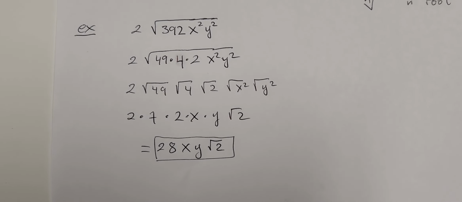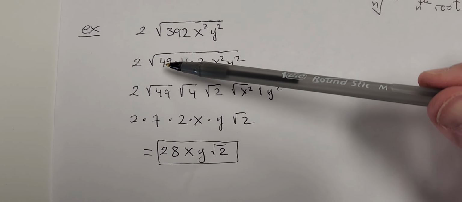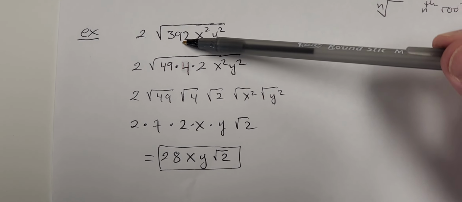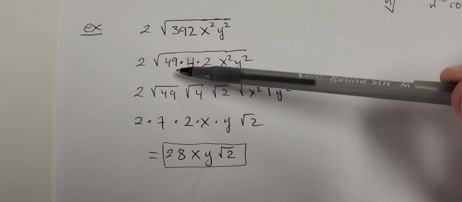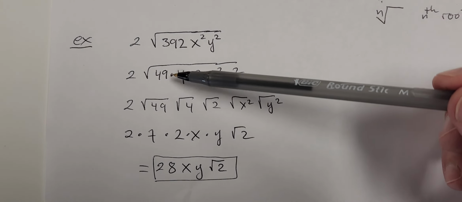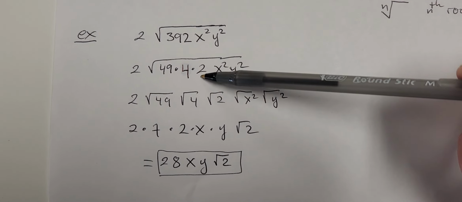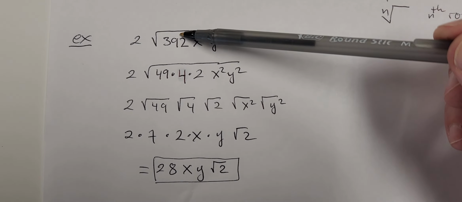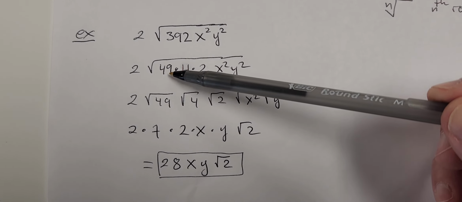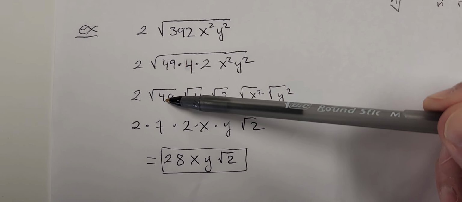So one more time, you're going to find numbers that when I multiply will give me the total. However, make sure the numbers can be square rooted. Find the numbers that multiply to give me 392, but the numbers that I select must be square-rootable.